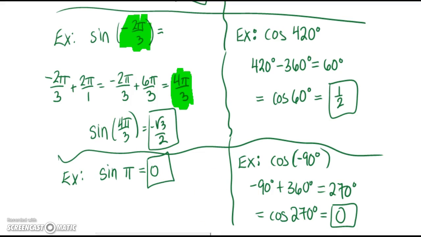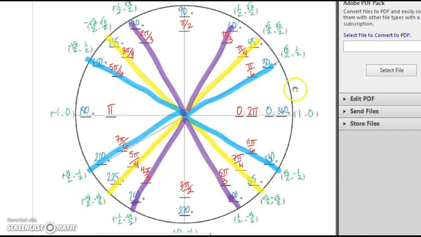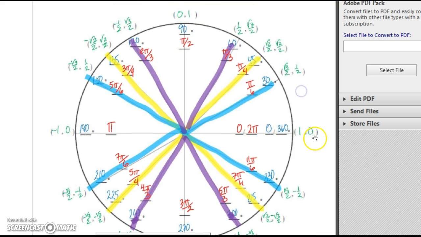If we go back to our unit circle, some of you may be concerned as to how you're going to memorize these values. Keep in mind that the only values you really need to memorize are the 30 here, the 45, and the 60. And the 30 and the 60 are actually the same values. It's just the x and y coordinates are switched, and that's because the 30-60-90 triangle is in a different position here.